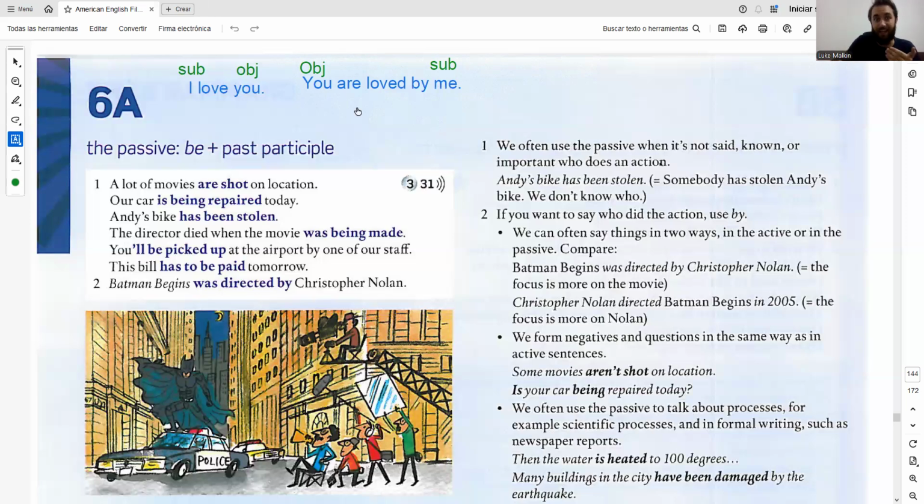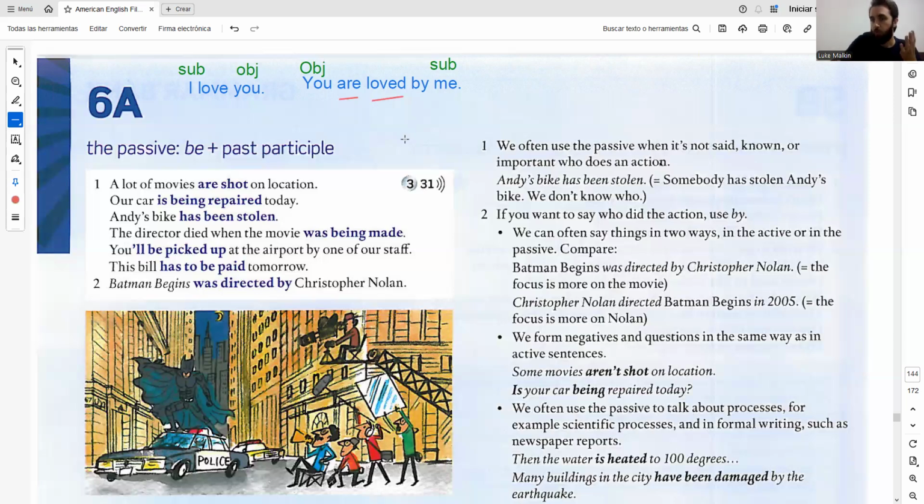To do that, I added the verb to be before my verb and changed the verb to the past participle. You are loved by me. I love you is the same way. Two styles for the same sentence.